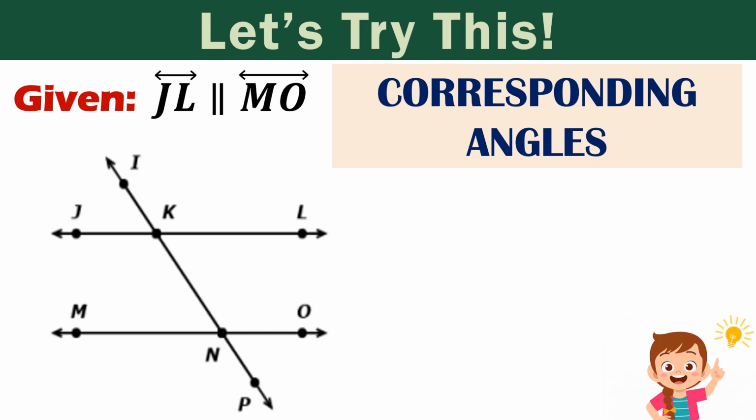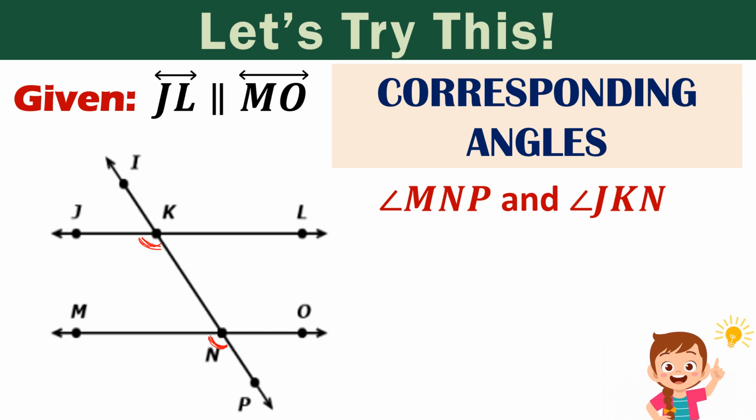Next, for corresponding angles, let's give an example. We do have angle MNP, so I am referring to this, and angle JKN. So we have here one interior angle, one exterior angle. Very good.